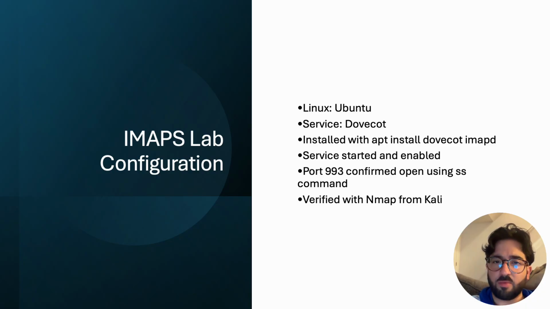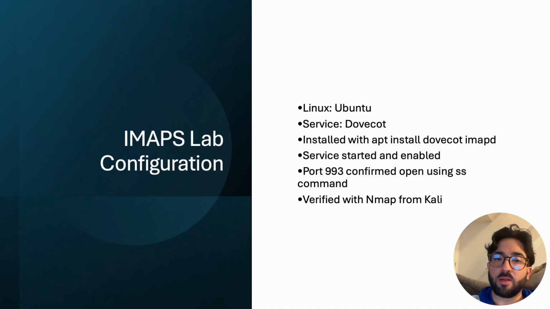The final step was verifying IMAPS from an external machine, which is exactly what the assignment required. I switched over to my Kali machine and ran an Nmap scan against the Ubuntu IP address on port 993, and Nmap detected IMAPS running on the port, which confirmed that the service was reachable over the network.